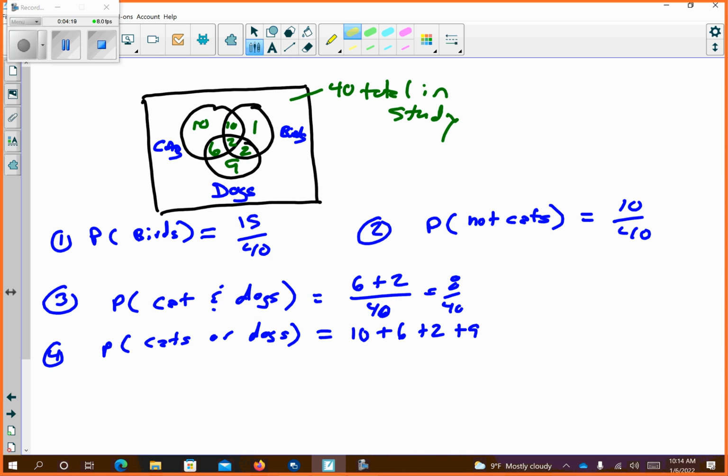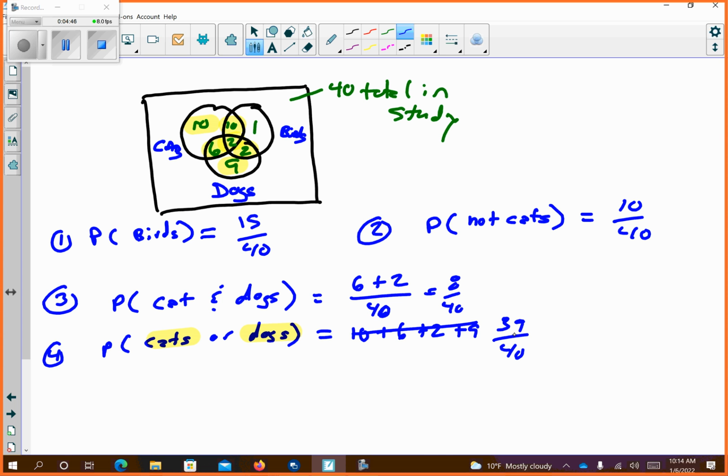All right, so cats or dogs. So you have here, that's a cat fan, cat fan, cat fan, cat fan. So it's all of those numbers that we have to add up. So 10 plus 10, 20, 28, 29, 30, 39 out of 40. So it'd be 39 out of 40 like cats or dogs.